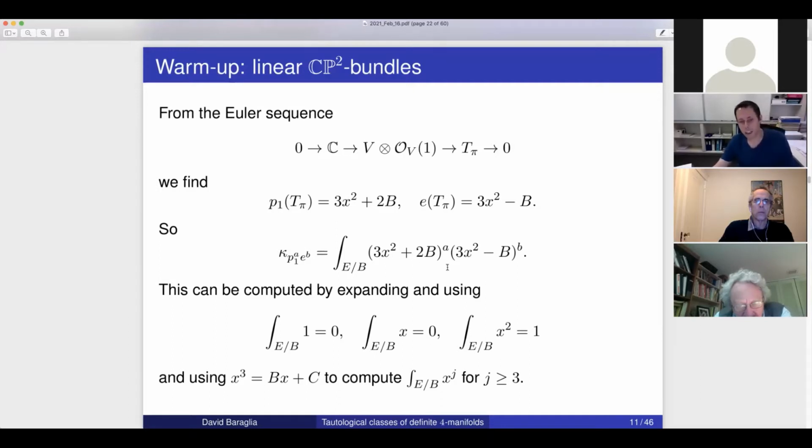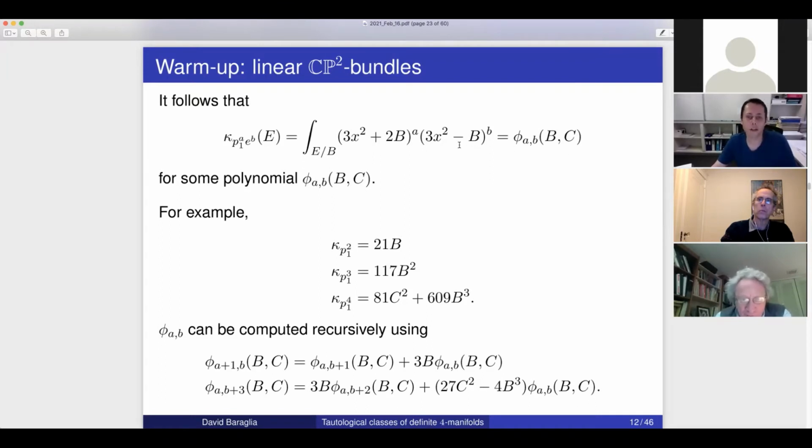That's just some big polynomial in X. And then it's easy to do the fibre integrations, because the fibre integrals of 1 and X are 0, the fibre integral of X squared is 1, and for higher powers of X, what you do is keep using this cubic relation to get down to lower and lower powers of X, so you can compute all of these. It's quite a long computation, but you can do it in principle.